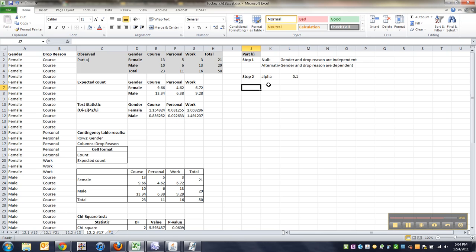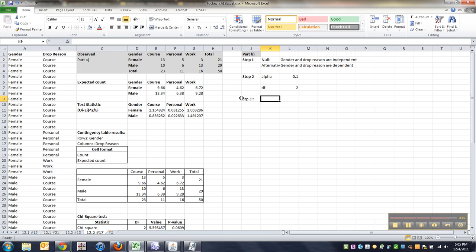All right, you know what? Before I go any further, I'm going to find, yeah, I'll do it right now. Degrees of freedom, because I know I'm going to need it. It's, let's see, I have 2 rows, so 2 minus 1 times 3 columns, 3 minus 1. Number of rows minus 1 times number of columns minus 1. All right, step 3.